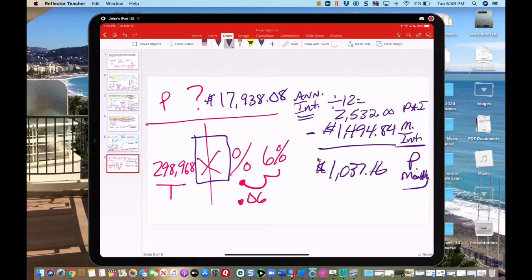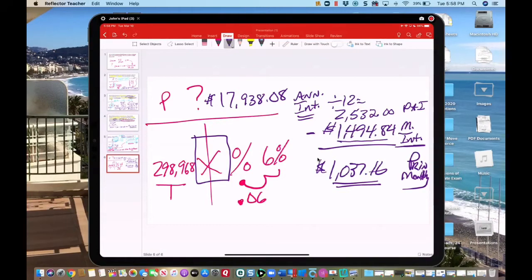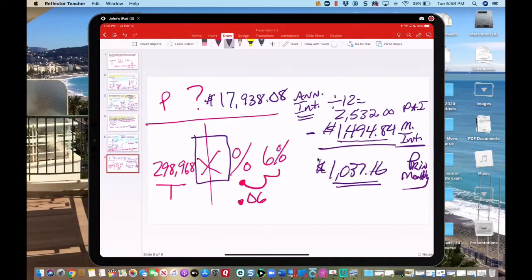See that? Now I want you to notice something here. Look what the interest was, $1,494.84. Back here, interest was $1,500. Now it's $1,494. It went down maybe $5.16. Principal was $1,032 here, and it went up $5.16.